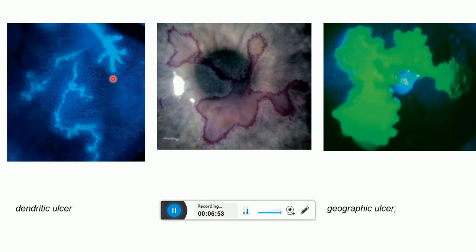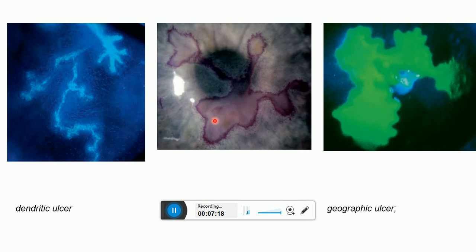These terminal buds and the bed stain well with fluorescein. Next, the virus-laden cells at the margin of the ulcer stain with rose bengal. This may help distinguish herpetic ulcer from alternative conditions, particularly atypical recurrent corneal abrasion.